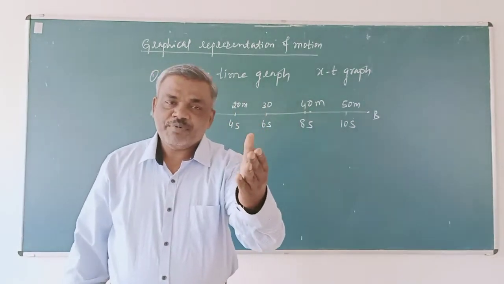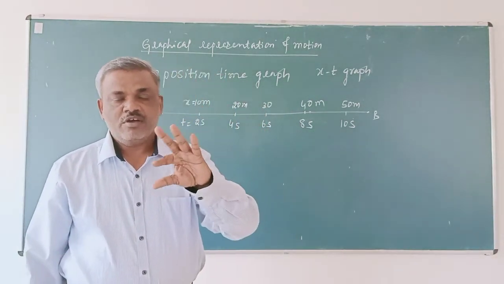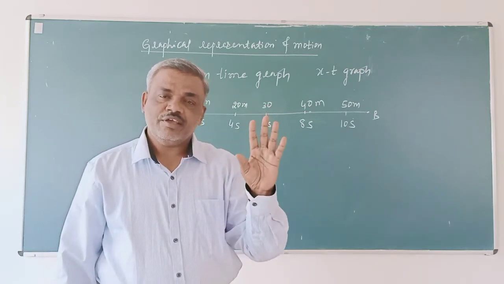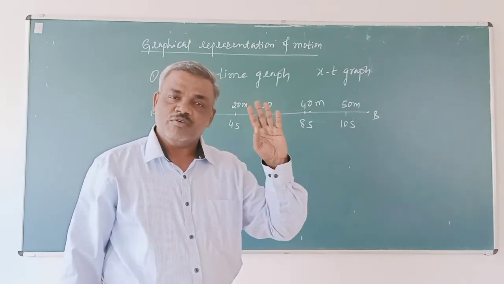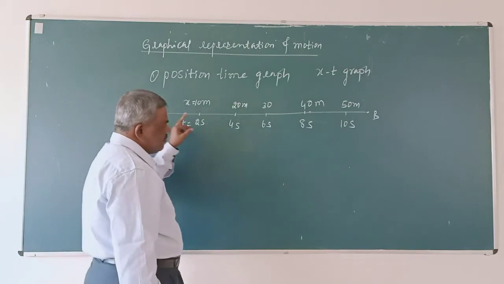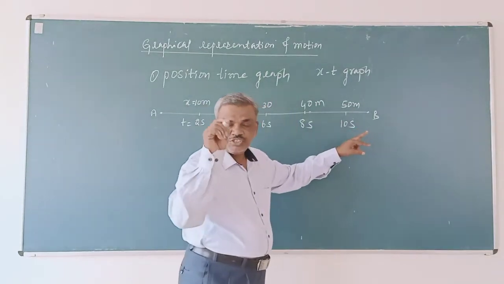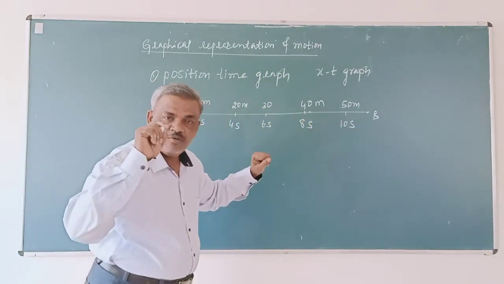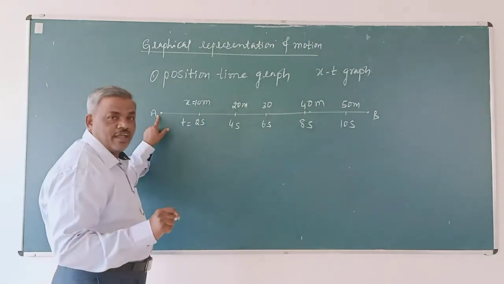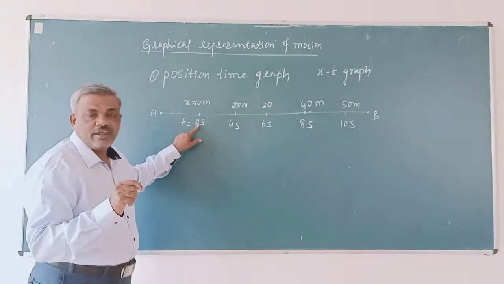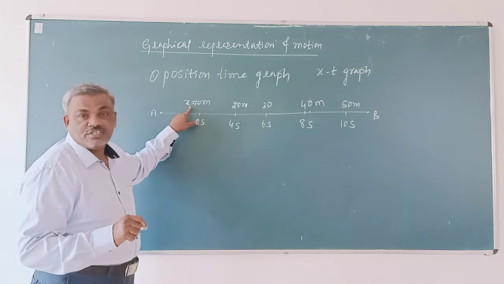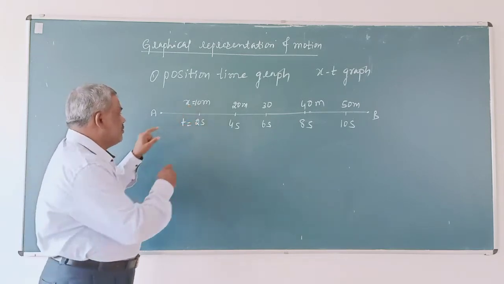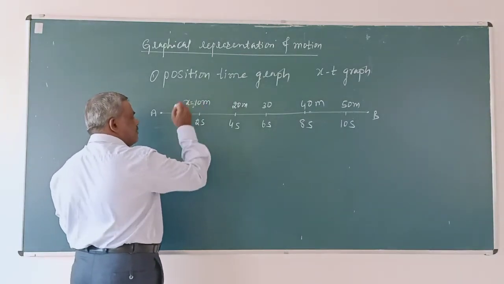So I give an example here: a vehicle or a body moving along a straight line, for example a vehicle moving on the road. There are two points, A to B. Initially the body is at the starting point A. After 2 seconds, how much distance is covered? x equals 10 meters.